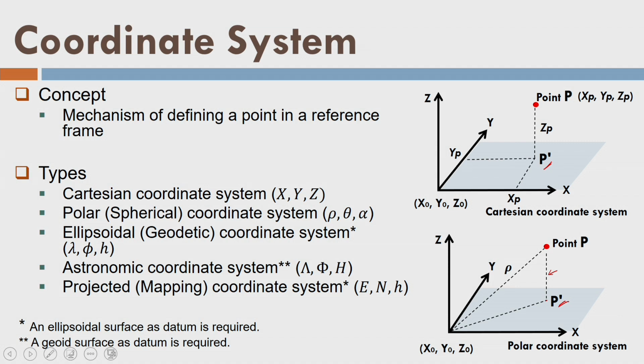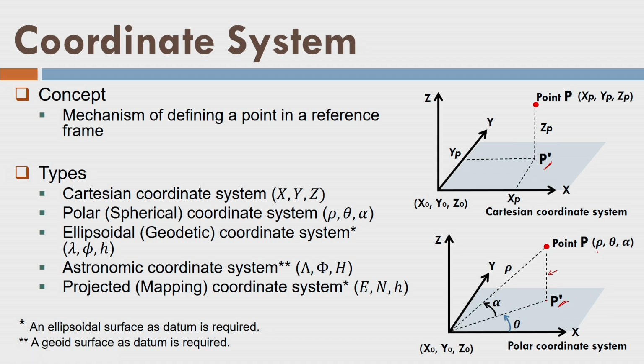Fine. Now I am measuring two angles in the case of the polar coordinate system. The first angle is measured in the XY plane from the X axis like this, and the other angle is the alpha angle, the elevation angle, which is measured perpendicular to the XY plane like this.